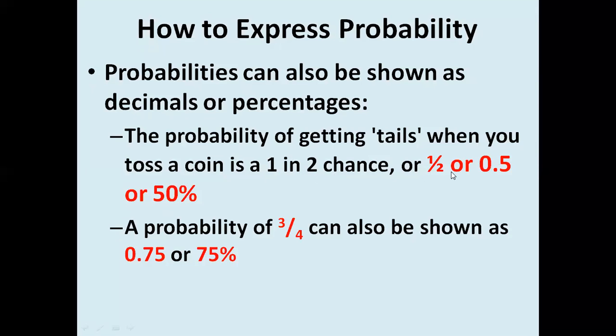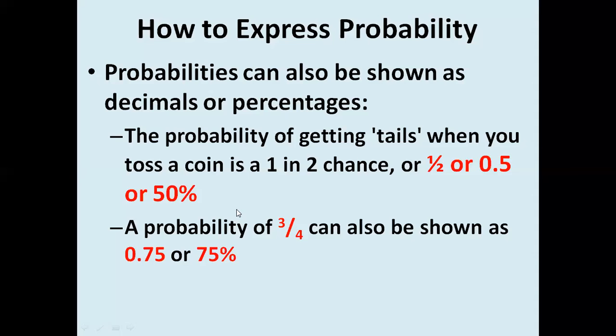If you want to write this as a percentage, 1 over 2 is half, which is 50%. So half means 1 over 2 in the language of fractions, 0.5 in the language of decimals, and 50% in the language of percentages.